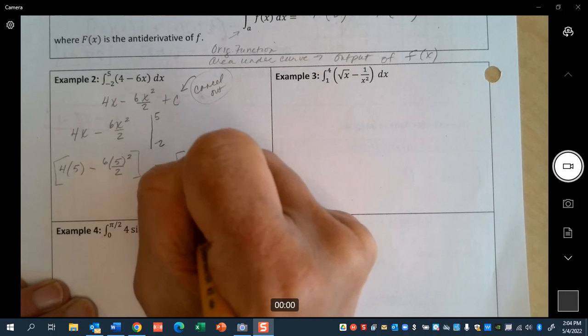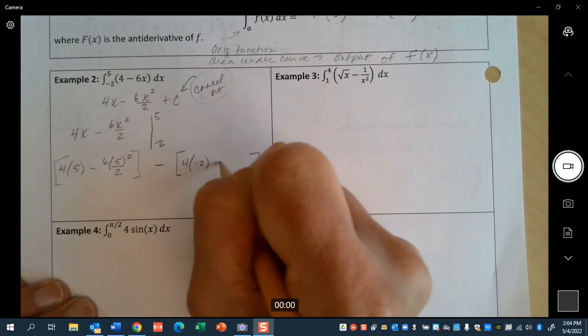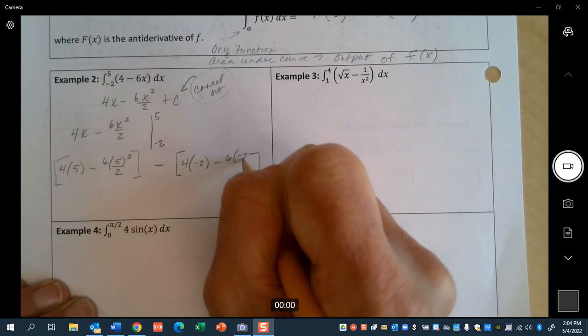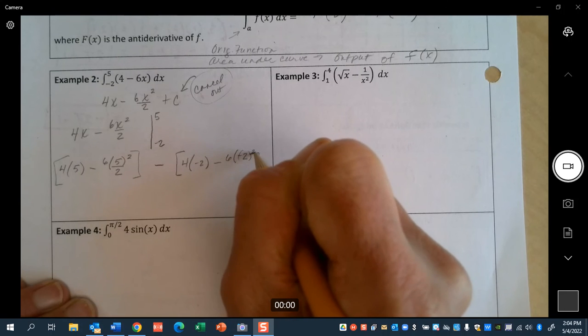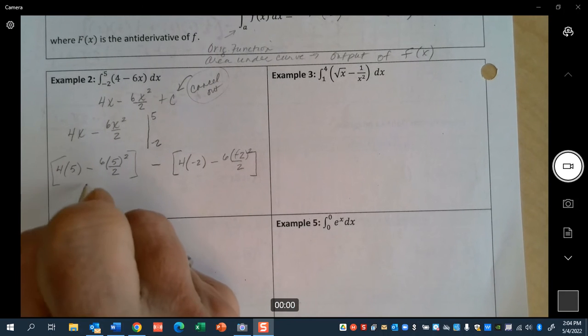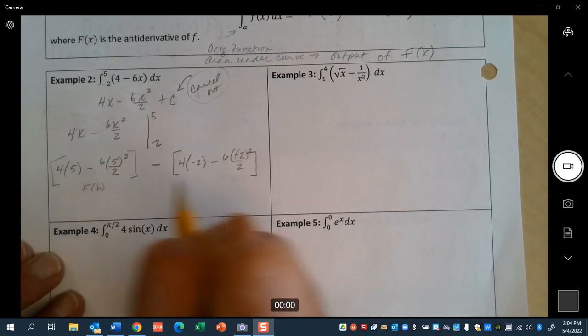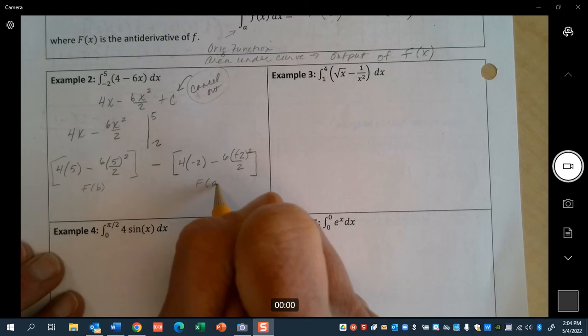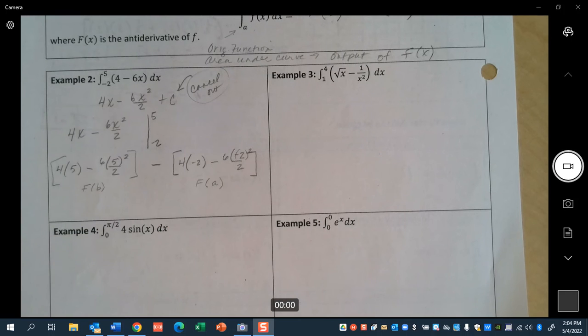So positive 4 times -2 minus 6 times -2 squared over 2. This is f of b. This is f of a. I don't need to worry about the constant because whatever constant value existed, it's this minus this, and it cancels out.